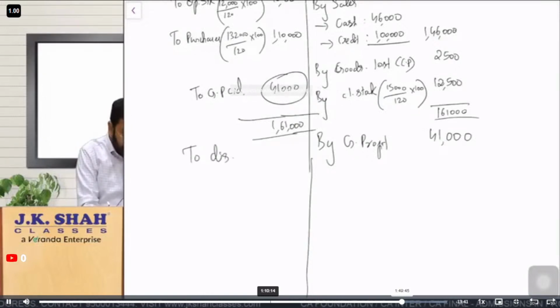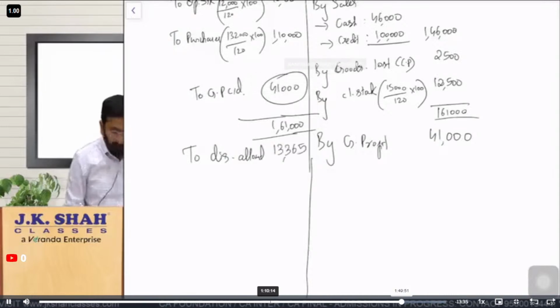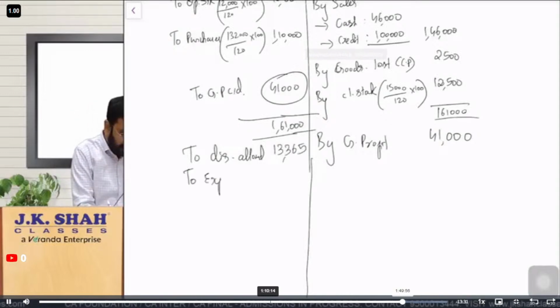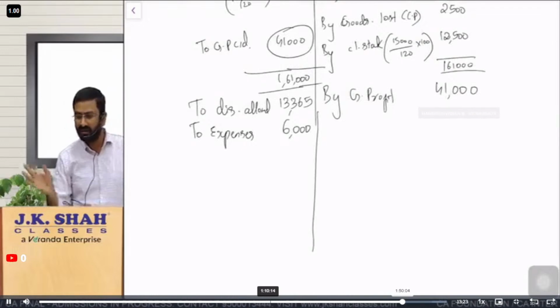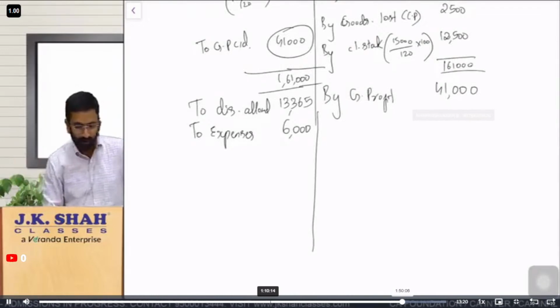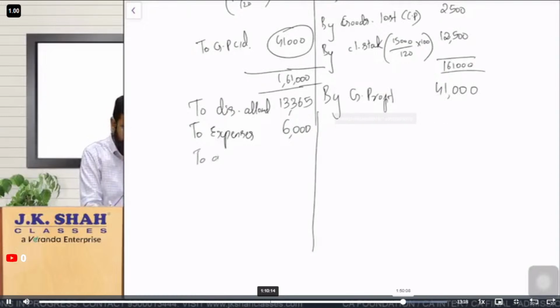Discount allowed, how much? 13,365. Okay. Anything else? Expenses 6,000. Next. That's it, and I'll give you goods lost last: 2,500.